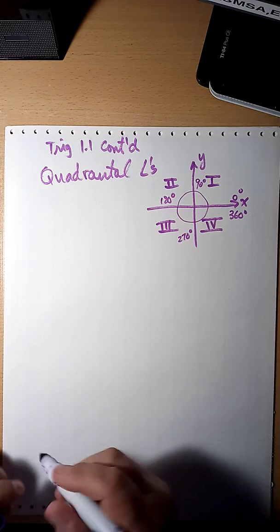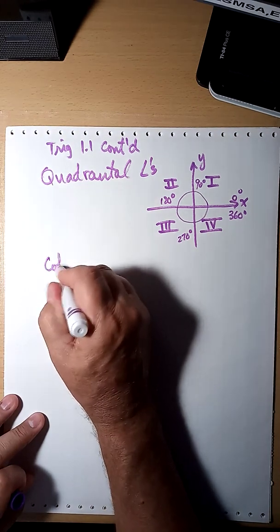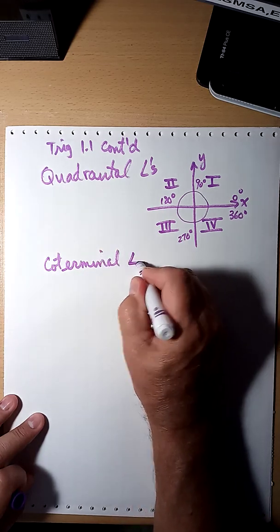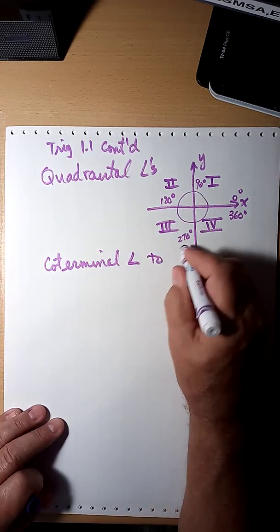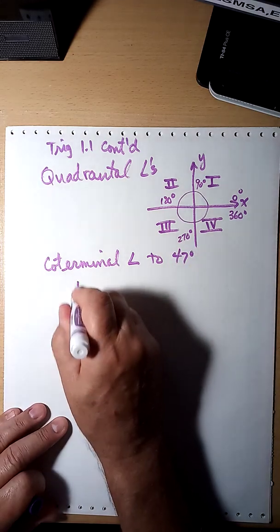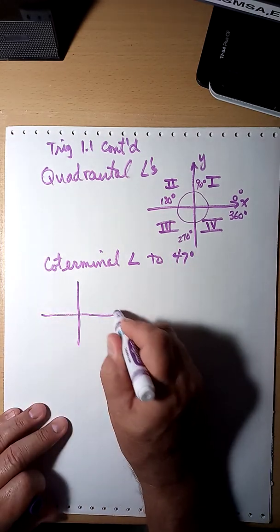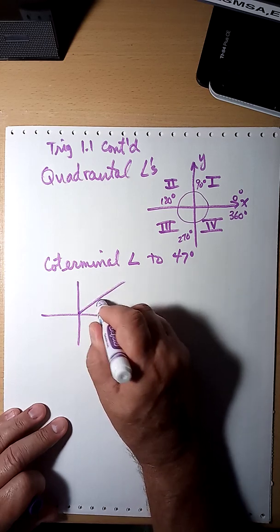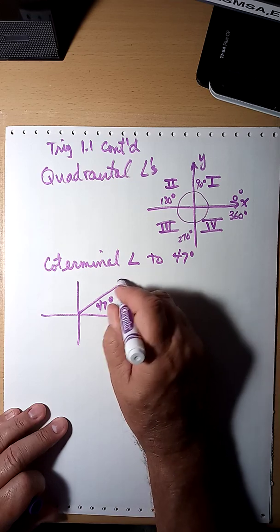If you wanted to find a coterminal angle to say 47 degrees, one way to look at that would be this angle, we'll say, is 47 degrees.